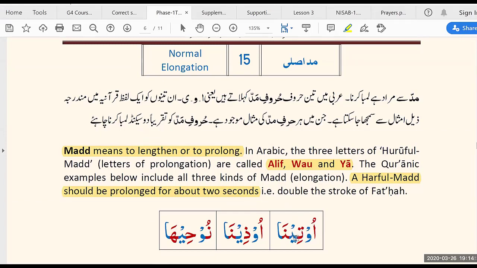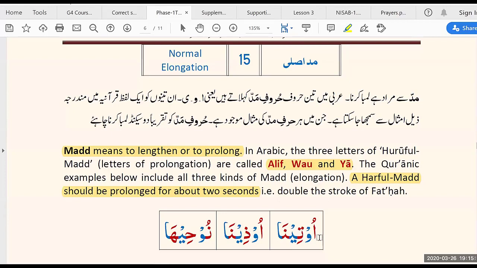A ya of elongation is preceded by a consonant carrying a kasra stroke, and an alif of elongation is preceded by a consonant carrying a fatha stroke. As we can see in the other 2 words, it's the same case. Although the rule of prolonging for about 2 seconds is very simple, sometimes people find it hard to identify the letters of elongation. Once we have identified them, it is very easy to apply the rule.